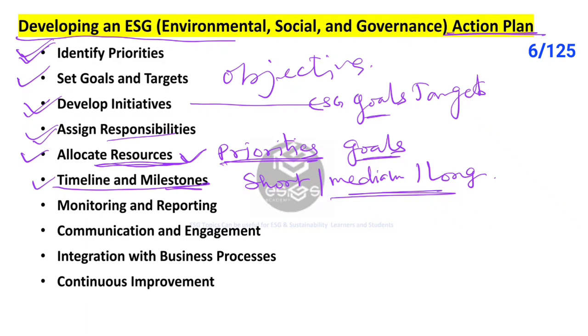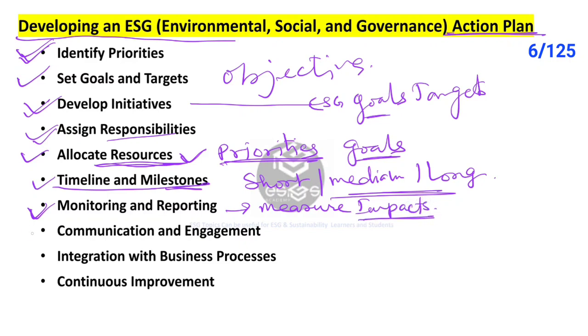Then next is about monitoring and reporting. We establish a mechanism for monitoring and reporting on the progress of ESG initiatives against the goals, targets, and milestones, and we develop key performance indicators and metrics to track the performance, and we measure the impacts as we talk about impact materiality actually.